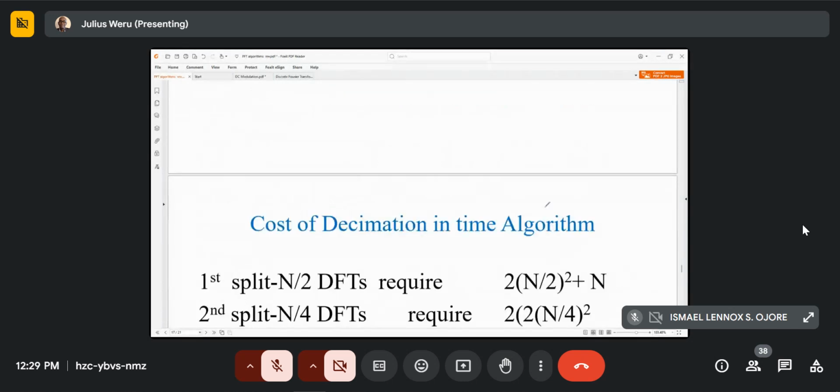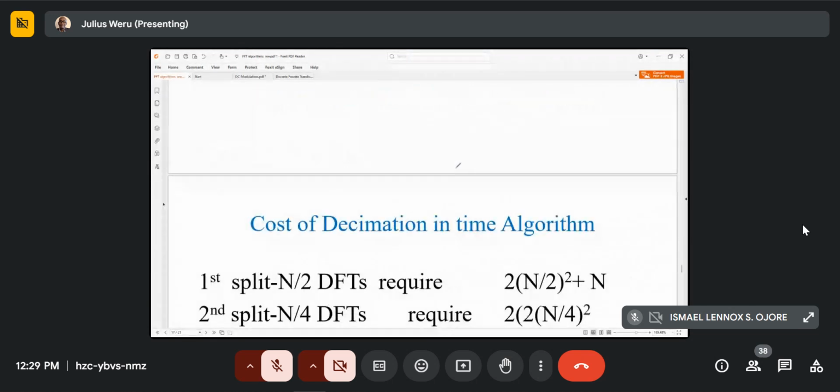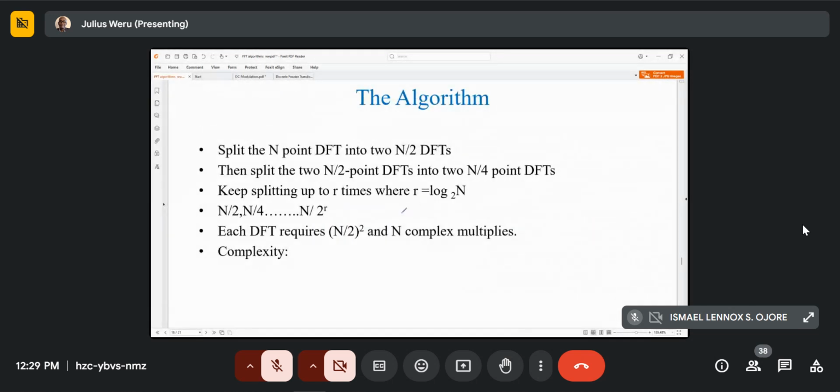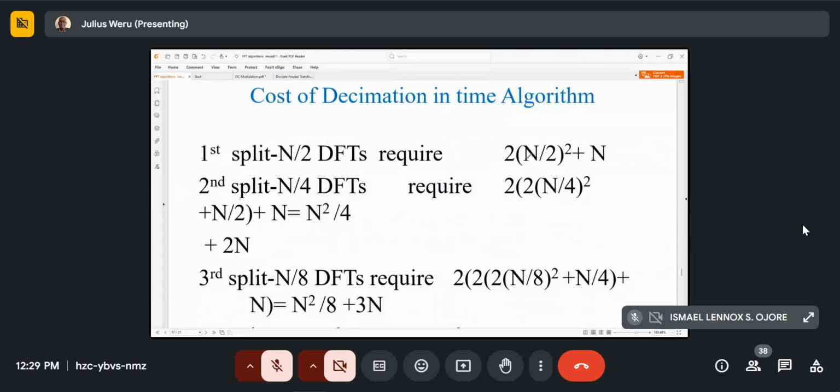We are saying the first split is simply, whenever you split, of course, I think we have seen it somewhere. It is just n/2 squared, because we have said for n, when you do the DFT of n, you have n squared multiplications.